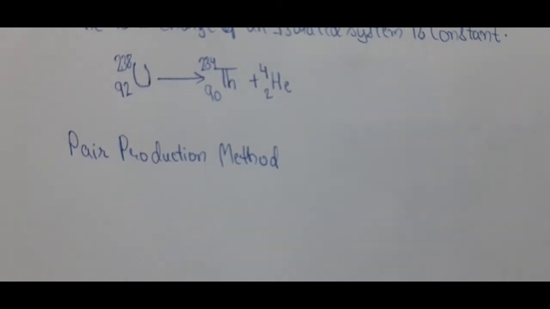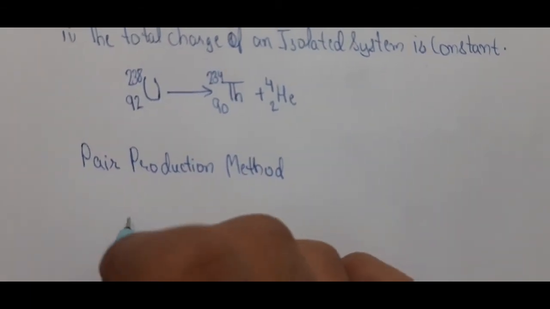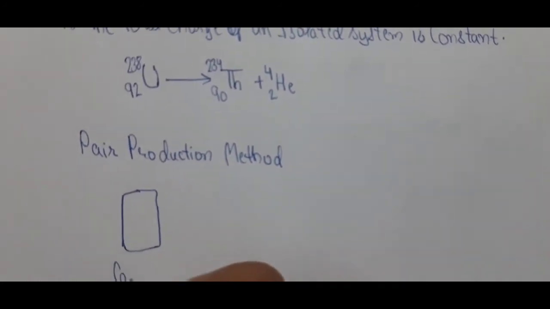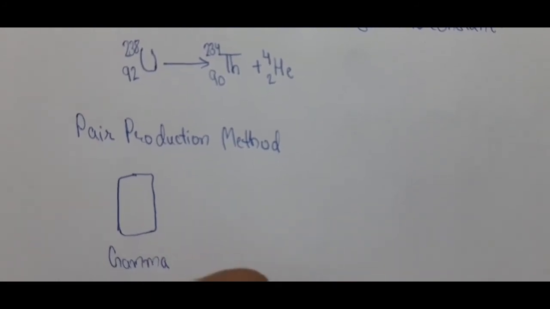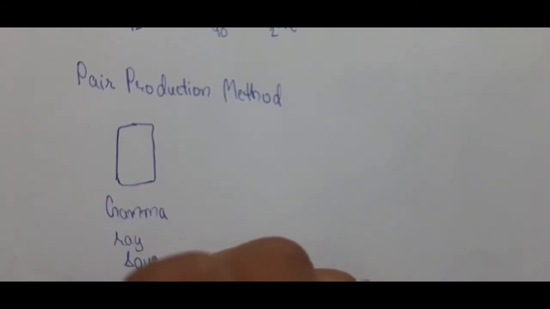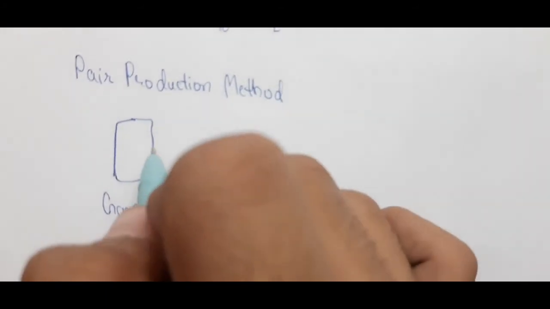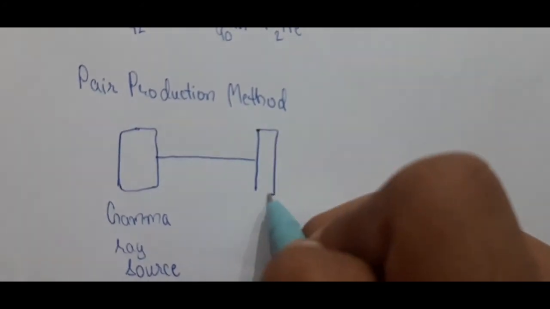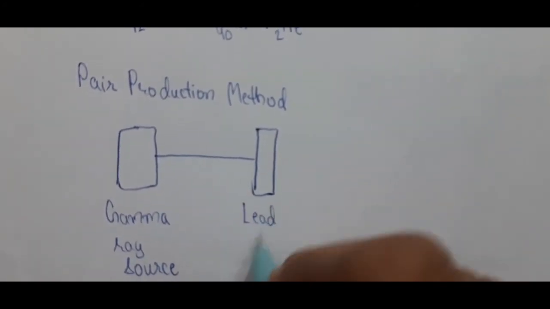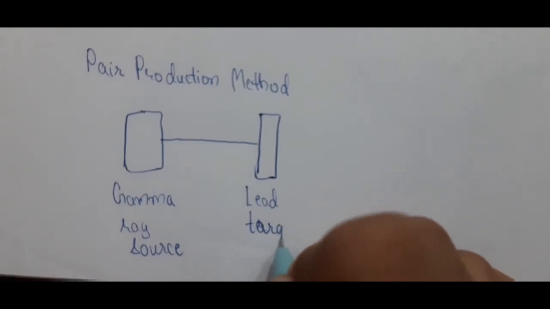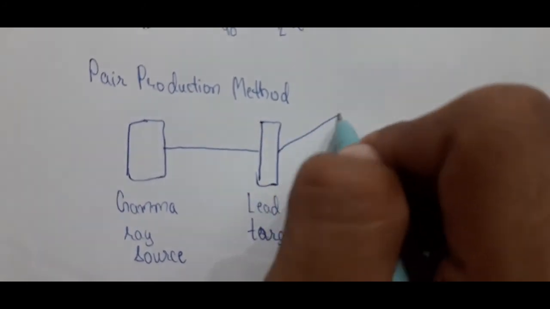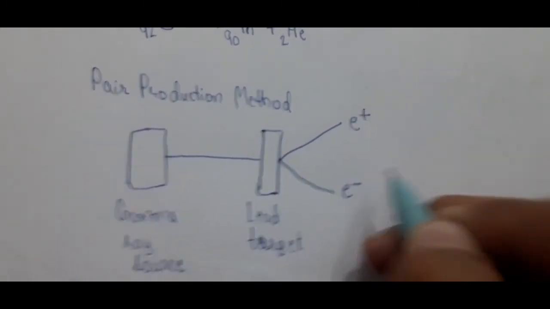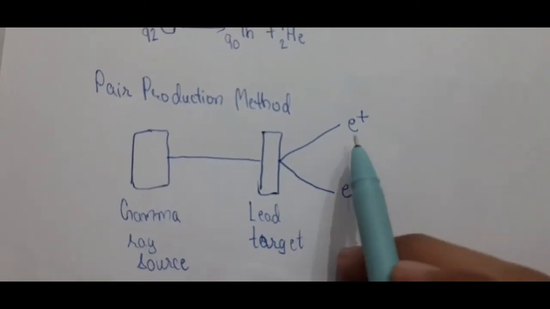What happens in the pair production method is, let's take a gamma ray source. When the gamma radiations are passed and strike a target, let's take a lead target, it splits into two parts. One is a positron, the other is an electron. So what is a positron?